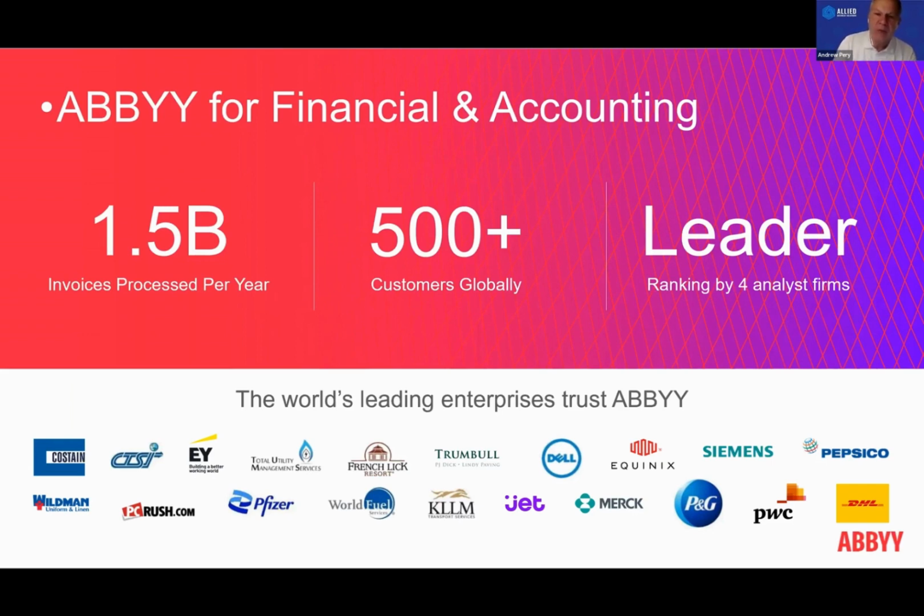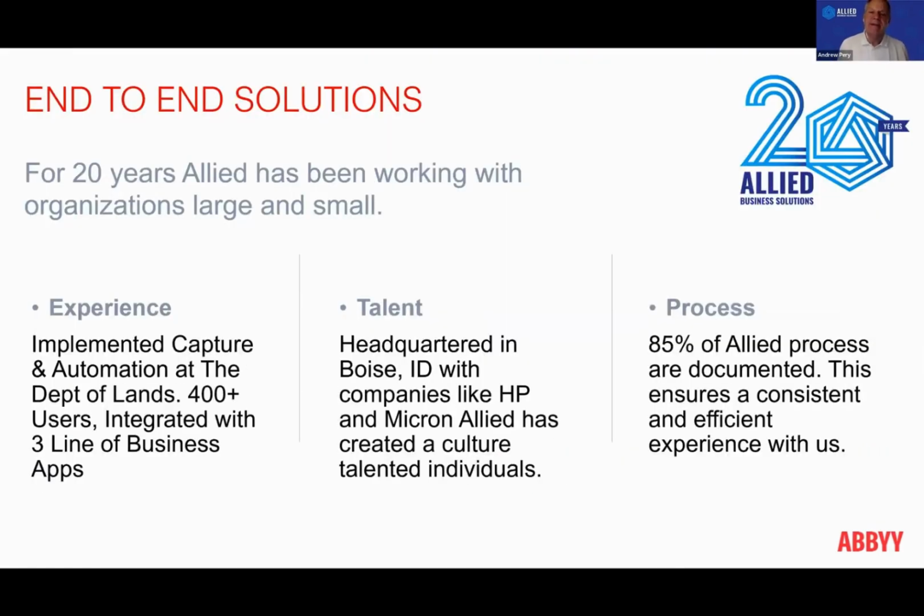And I'll pass it over to Brent just to talk a little bit about the value-add capabilities that the organization delivers as part of the partnership that we have with you. Yeah. So before we conclude, I'd like to emphasize that what we've showcased today is just one pivotal aspect of our complete accounts payable solution at Allied. While ABBYY's capabilities are undoubtedly transformative, they're just a part of our comprehensive approach to optimizing AP operations.